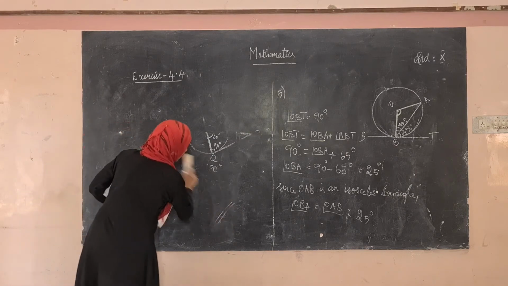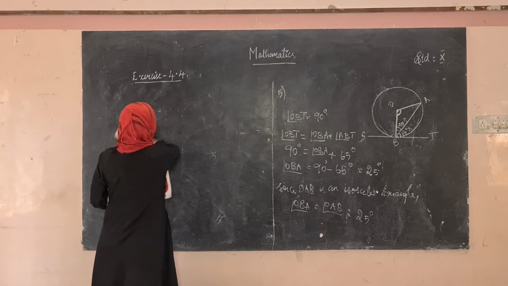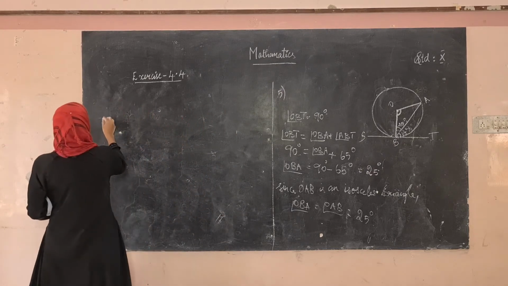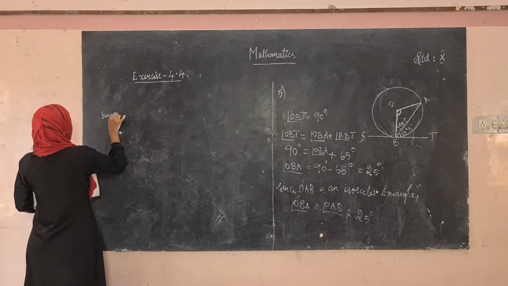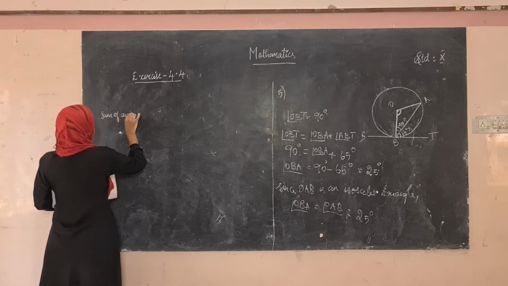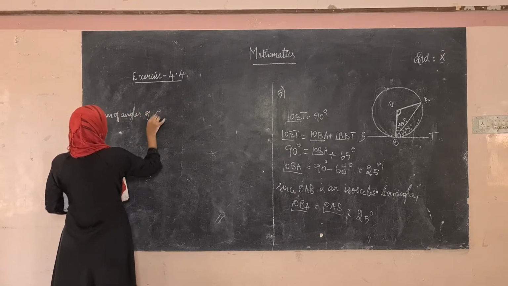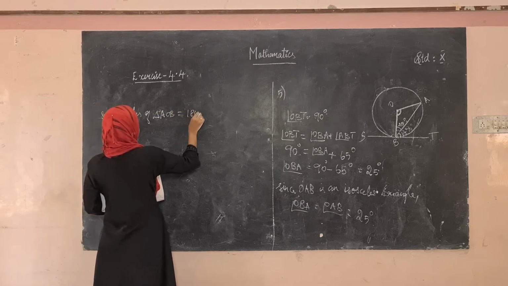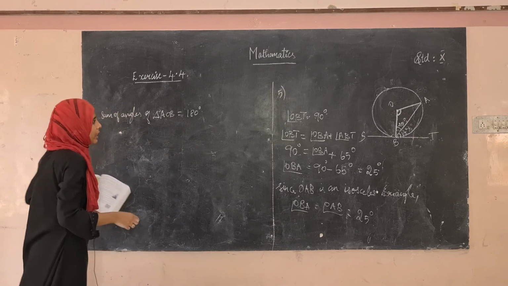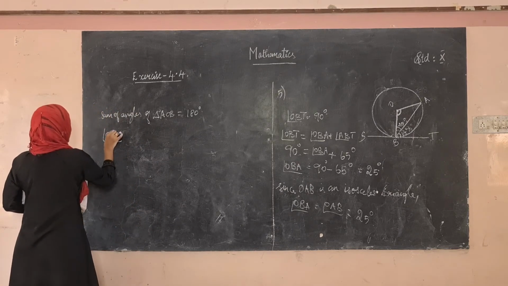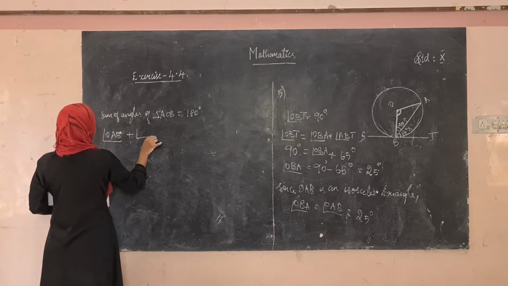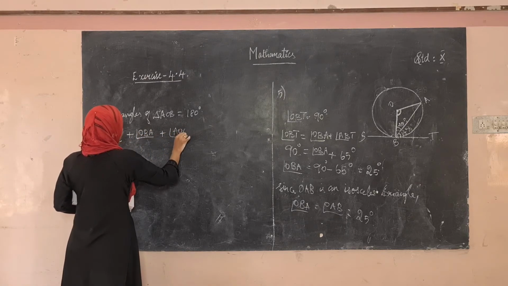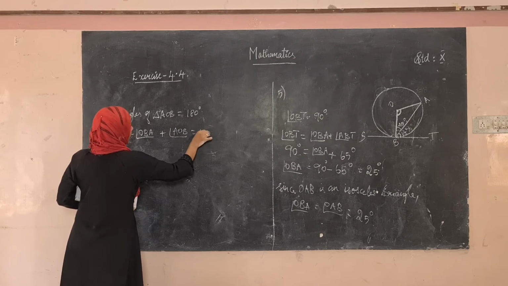So what's the sum of the angles of the triangle? It is equal to 180 degree. Sum of angles of triangle AOB is equal to 180 degree. That is angle OAB plus angle OBA plus angle AOB is equal to 180 degree.